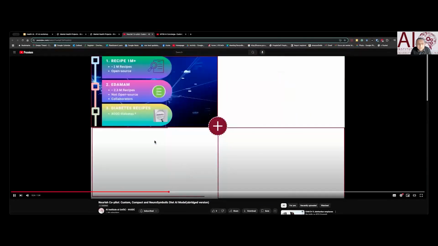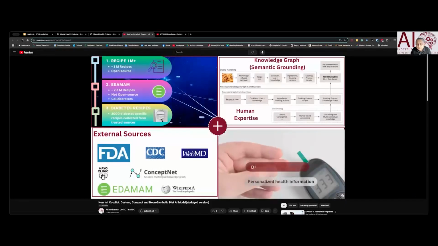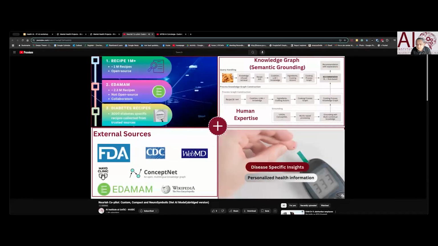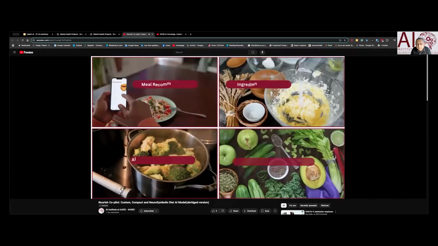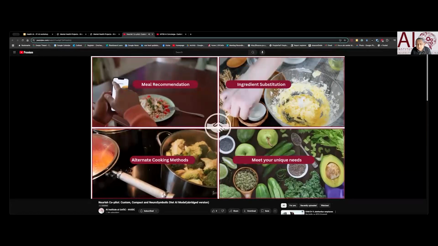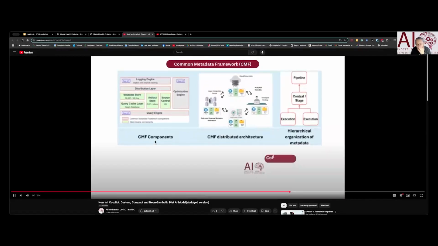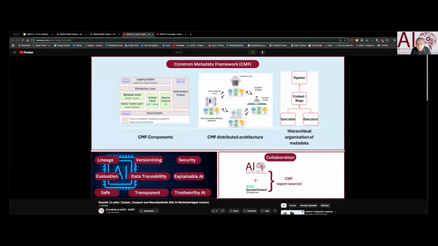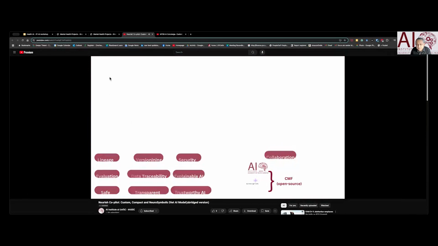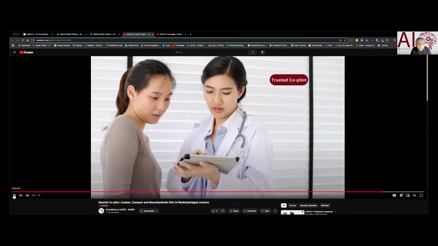With access to millions of recipes and semantically grounded knowledge from diverse sources, including disease-specific insights and personalized health information, it offers tailored meal recommendations and recipe modifications designed to meet your unique needs. With the power of the Common Metadata Framework, in collaboration with HP Enterprise, we ensure traceability and AI governance, so you know every decision is safe, transparent, and trustworthy. Nourich is more than just a recommendation tool. It's your trusted co-pilot for healthier living.